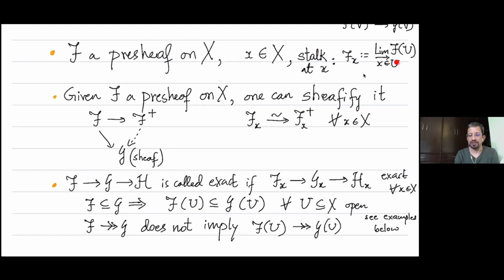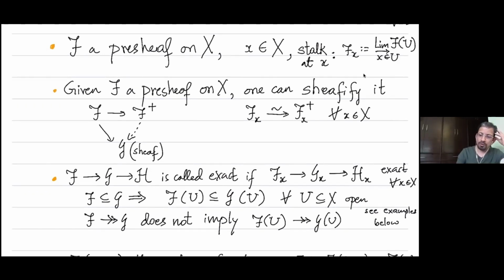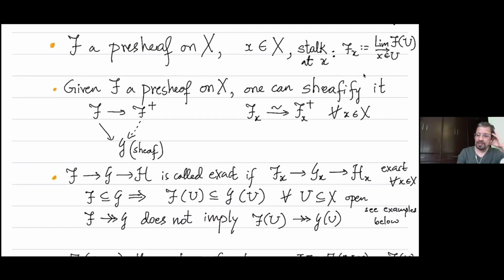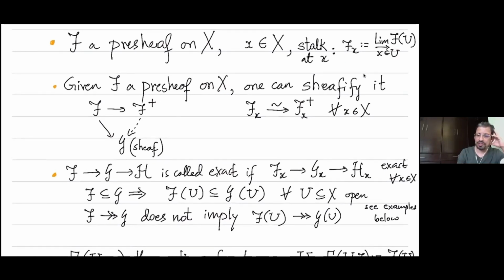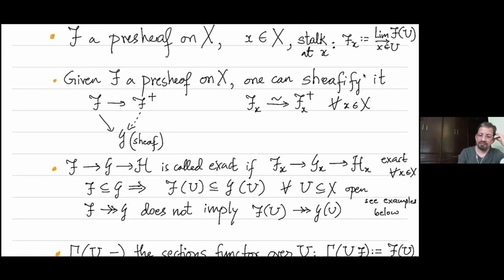As you shrink those open sets U around x, you get a directed set of open neighborhoods, and you look at the corresponding directed system of group homomorphisms and take their direct limit. So that direct limit is the stalk. There is a group associated to each point x, and as we will see, if F was a sheaf of rings, this will of course be a ring, but quite often it will also be a local ring. So we'll come to that.